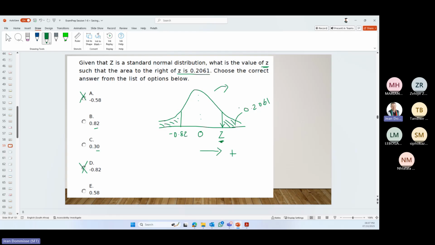So if you used that negative table, there would have been an answer for you, but they're asking us the value that the area to the right. So just remember, we're looking at the area to the right. So it is a positive 0.82, and that is then option B.